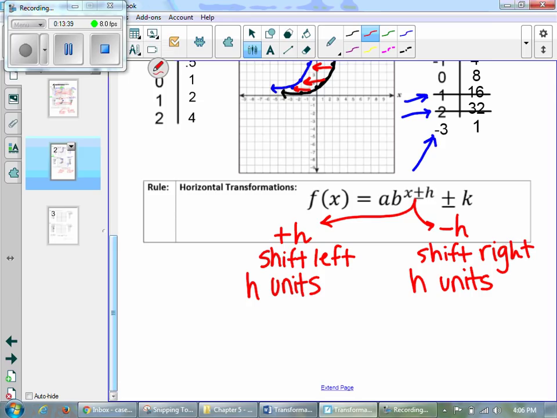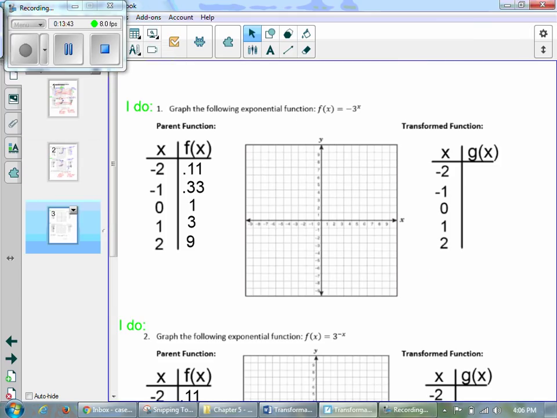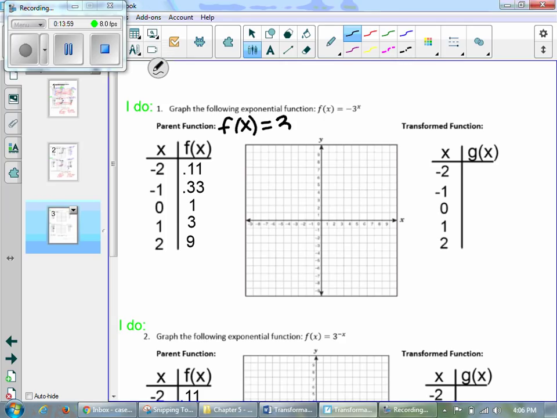Okay, one last investigation. Third page. Graph the following exponential. This one looks a little different than what we've been doing. I already filled in the parent function table for you. Let's label the parent function. The parent function is actually still 3 to the x.